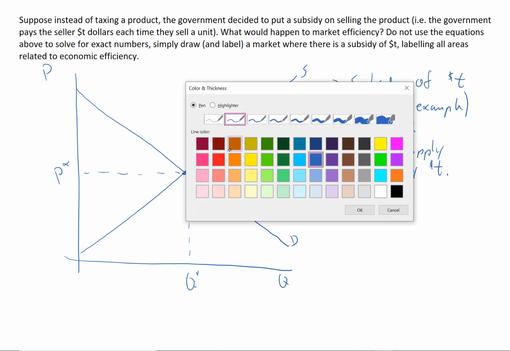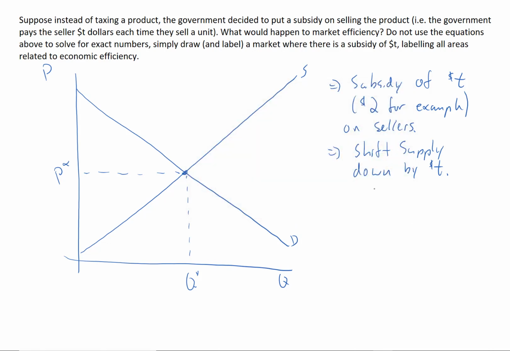So this is the opposite of taxes, where we saw a tax on selling the product lifted the supply curve vertically by $2 or $T. Now it's going down. So let's draw this new supply curve. We'll label it S prime, and I know it's not perfectly drawn, but the vertical distance between these two supply curves is exactly that subsidy.